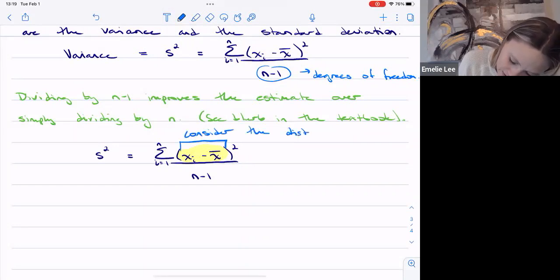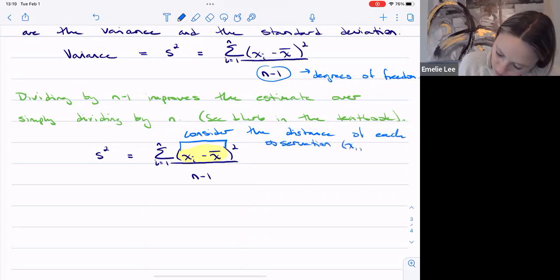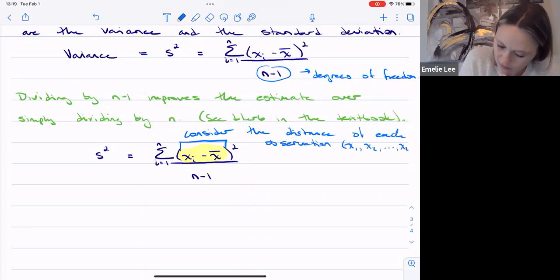So here we consider the distance of each observation, which is x1, x2, all the way up to xn. Oops, that should be an n. From the mean.